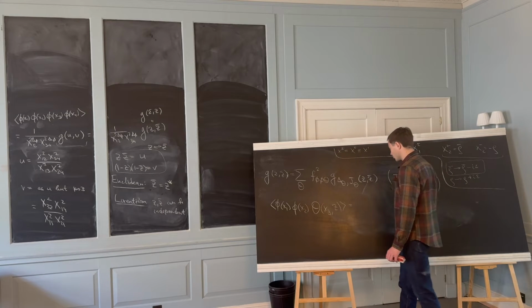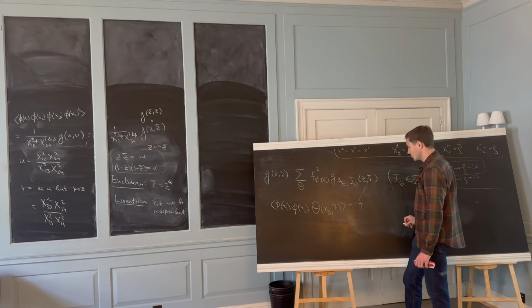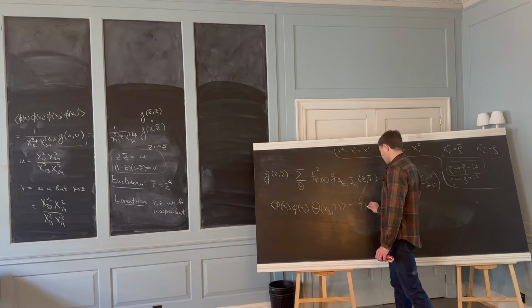So if you use this polarization vector, then you're going to get this 3-point function.